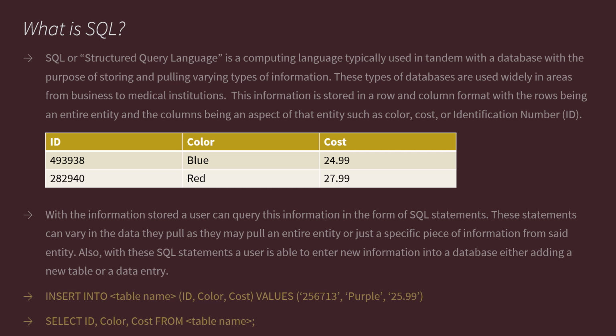And how you do that is just with the SQL language, which below you can see a couple examples of, such as the insert into, the desired table name, and the desired values. And that's for storing information. And then for pulling information from the table, you can use the select command along with whatever kind of information you're wanting to pull, and then you just use the from keyword and then the table name you're wishing to pull from.